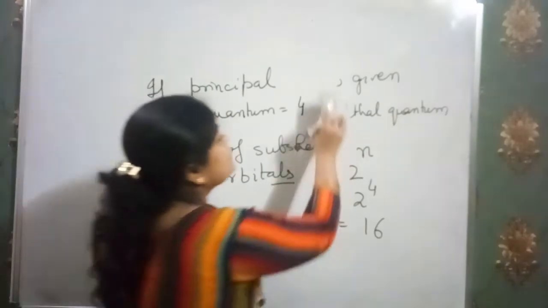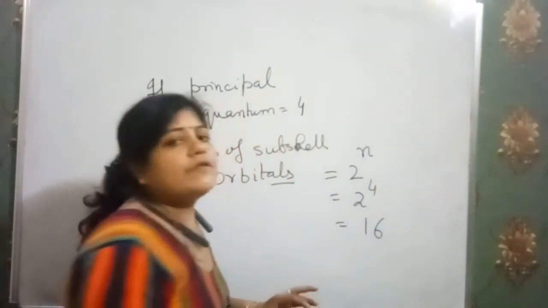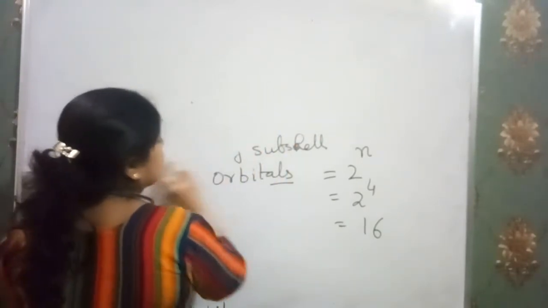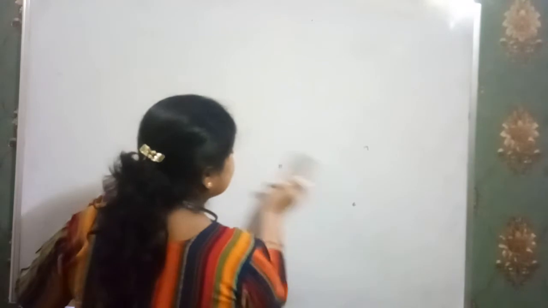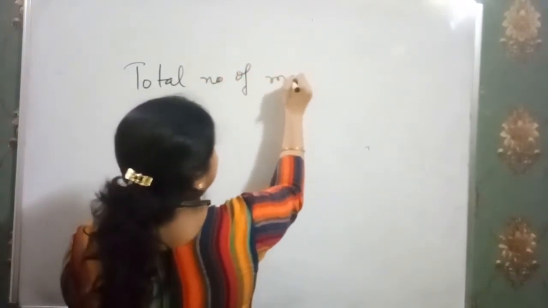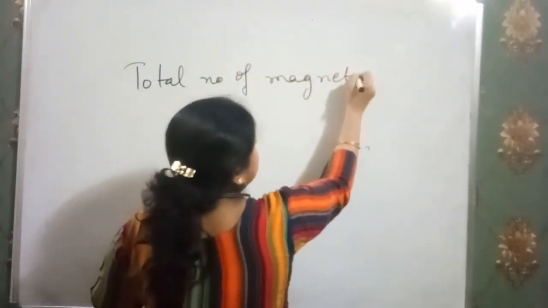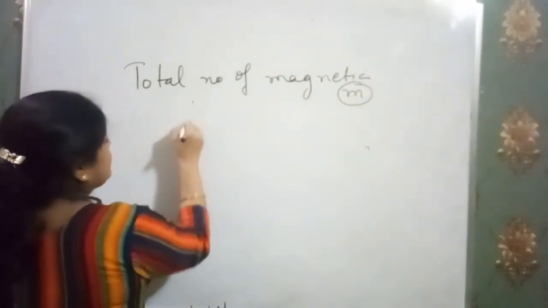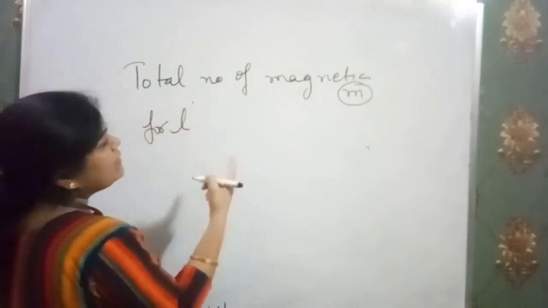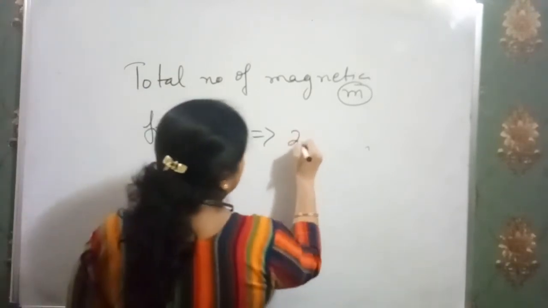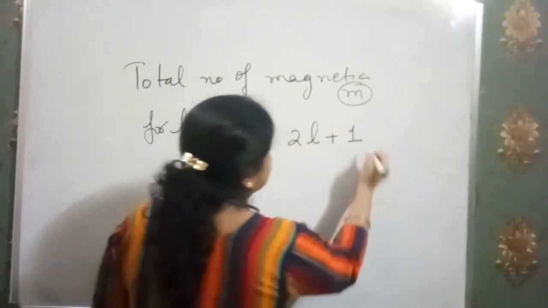Similarly, in this way, we can also find the total number of magnetic quantum numbers. For l, the total number of magnetic quantum numbers is 2l plus 1.